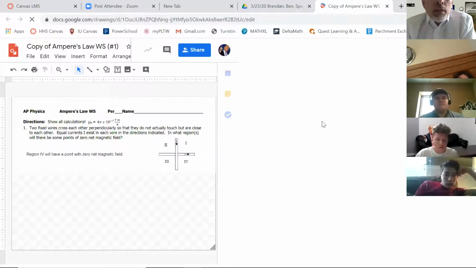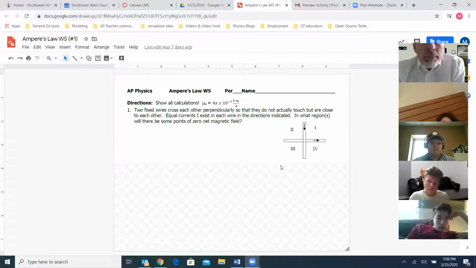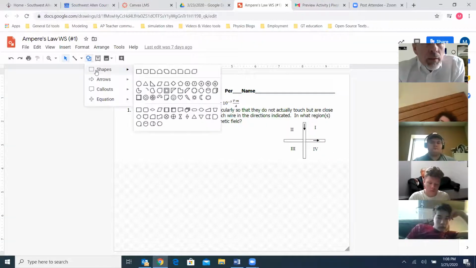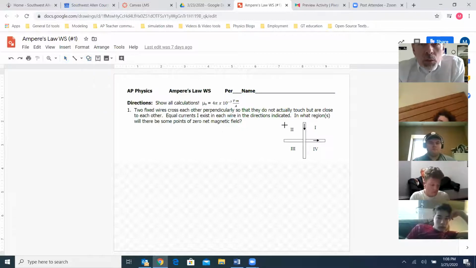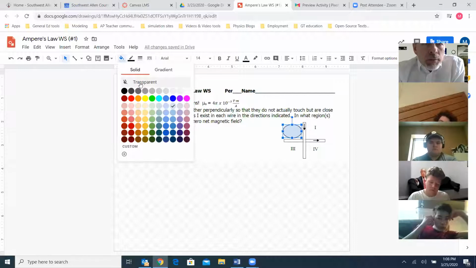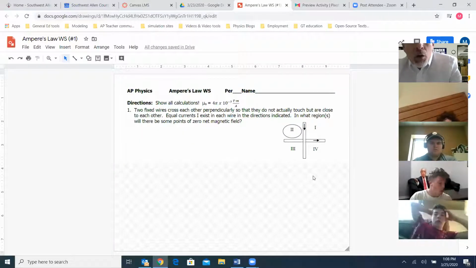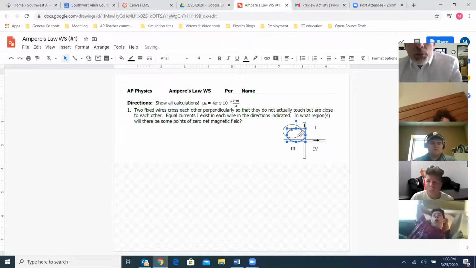Okay, I want to talk about that one a little bit more. So yes, region 1 and region 2, I'm going to see if I can kind of circle them. Region 1 and region 2 will have locations, but I want you to understand that not all locations in region 1 and region 2 have a magnetic field equal to 0.